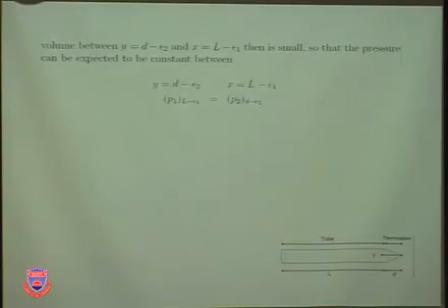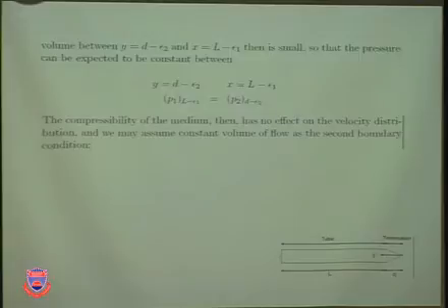This is what you refer to as the boundary condition. On either side of where they meet, the pressure must be the same. That's one boundary condition. The second boundary condition must be the continuity.